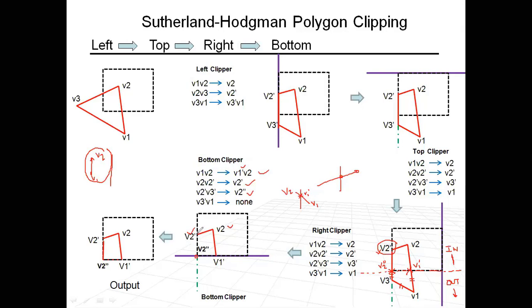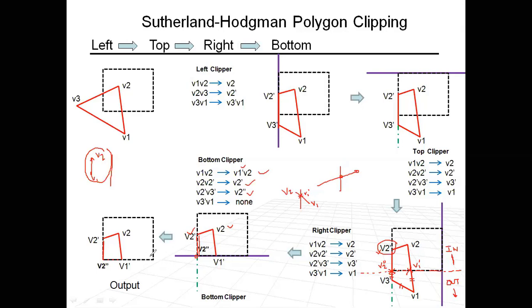Now the line will be drawn. So 2 times this part will be drawn, because in the previous clipper, this line was V2 dash to V3 dash. So this line was drawn. Okay. Now when the clipping is done, 2 times this line will be drawn across this edge. So this is the basic problem or limitation within the Sutherland Hodgman polygon clipping algorithm.